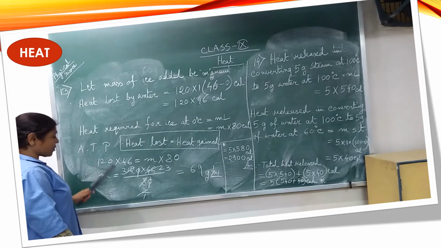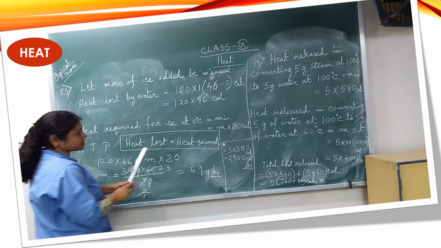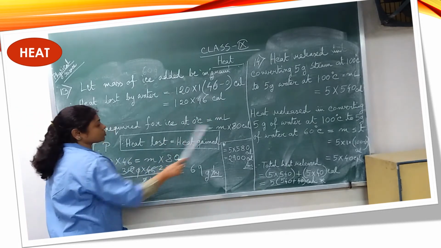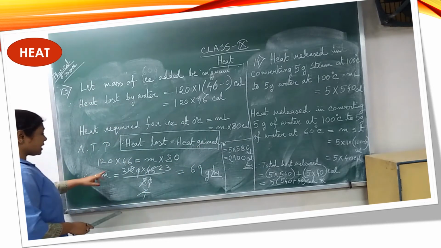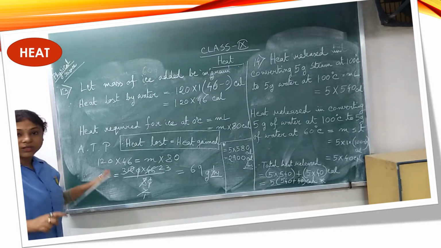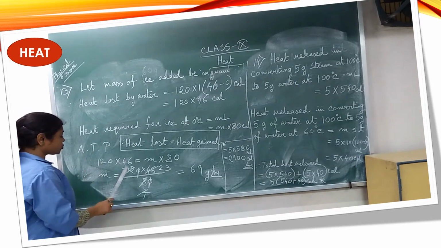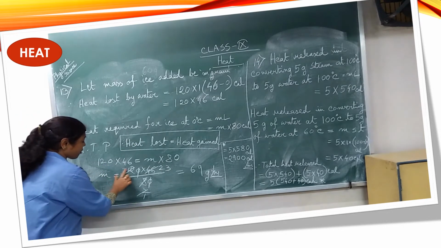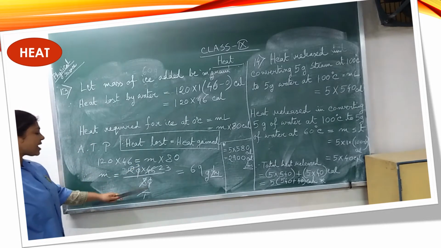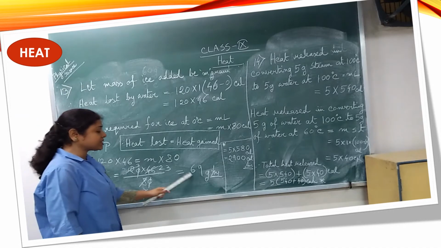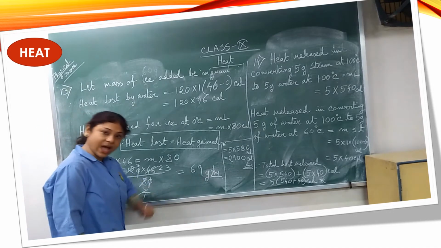So according to the problem, 120 into 46, that means heat loss, is equal to heat gain, that is m into 80. From this equation you have to find out the value of m. So m is equal to 120 into 46 divided by 80. After I have reduced it, it is coming 69 gram, and this is the answer.